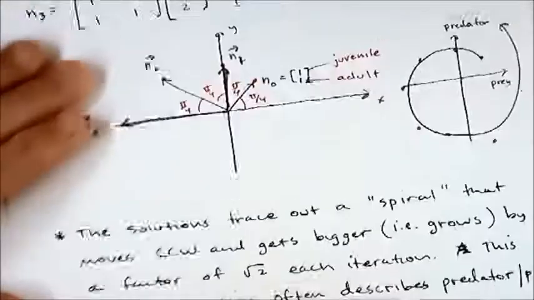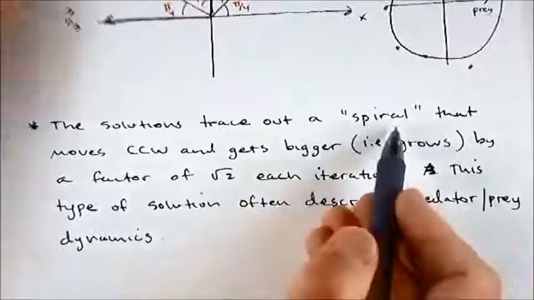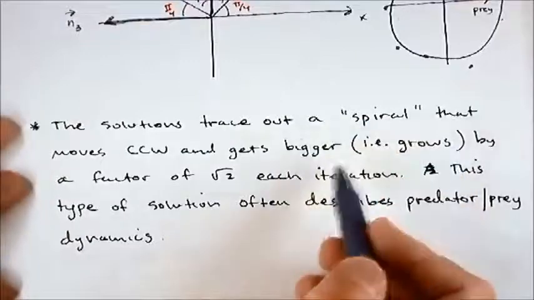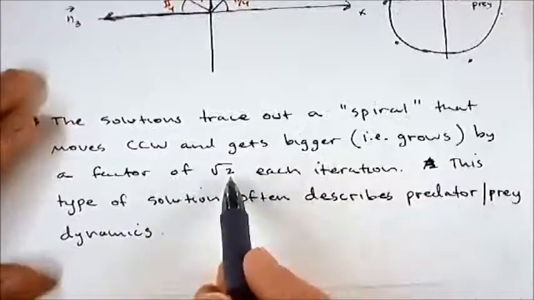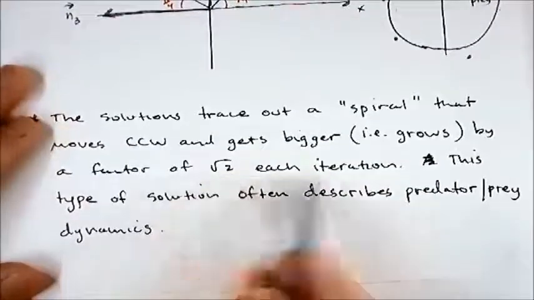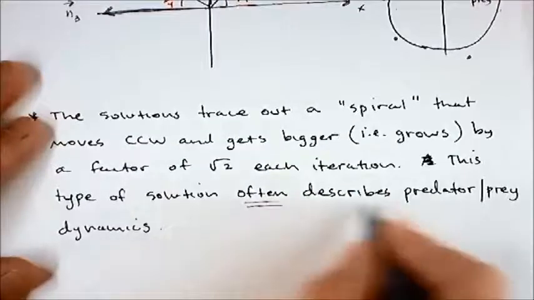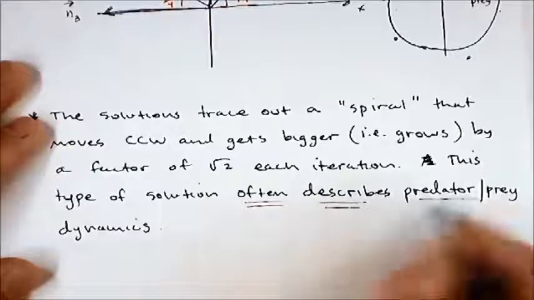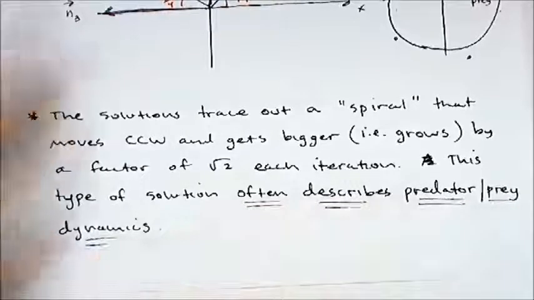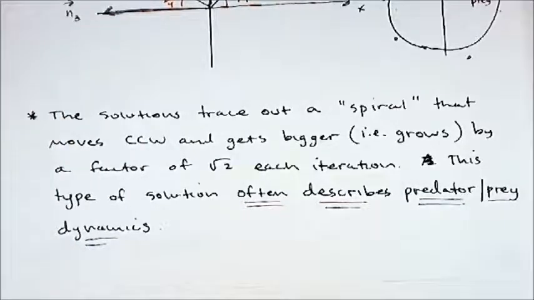So the last note I wanted to say on this, the solutions trace out a spiral that gets bigger by a factor of root 2 each iteration. And this type of solution often, in fact, we will do this in 17C, describes predator-prey dynamics, that kind of spiraling. Inverse relationship, perfect. That's a very good way to put it. As one gets bigger, the other one gets smaller.